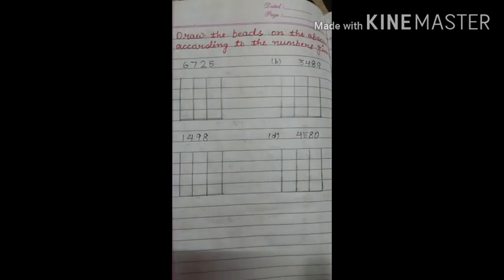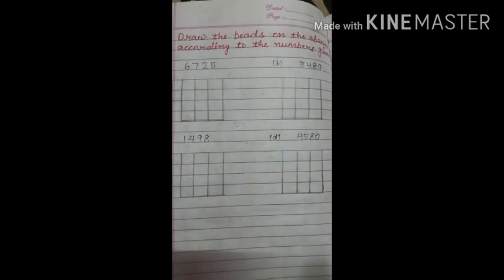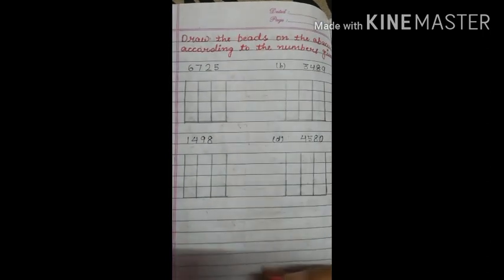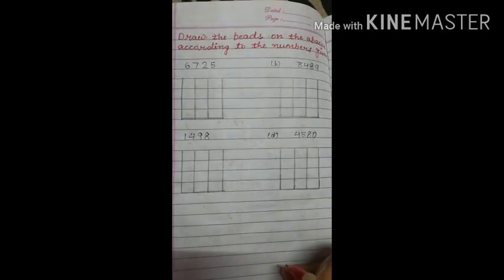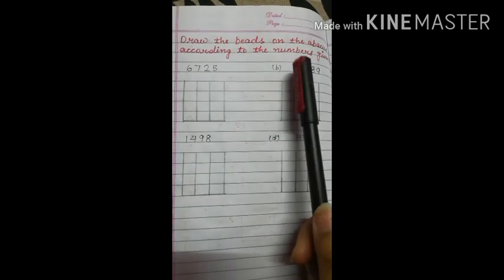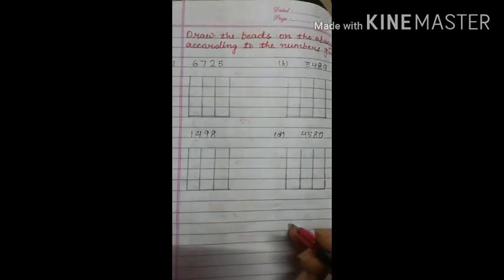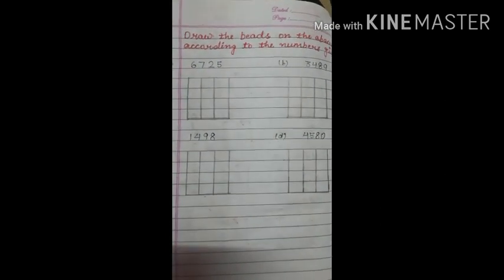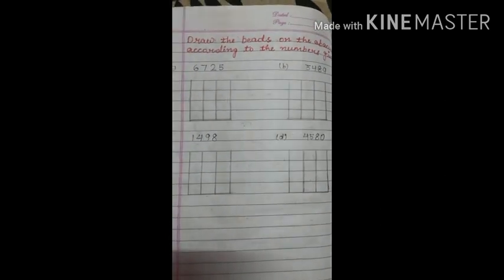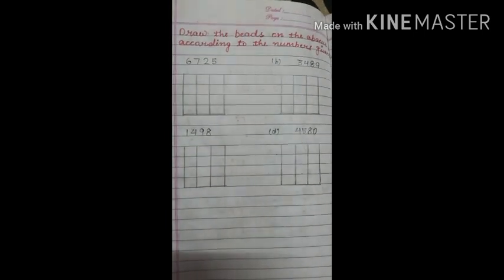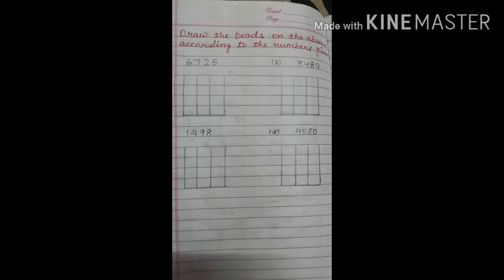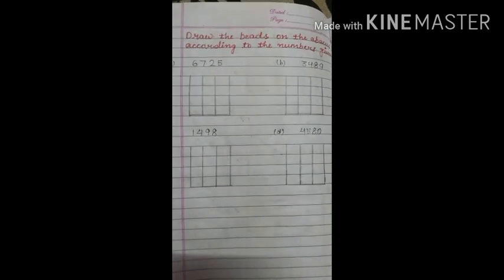So, kids, today we are going to represent the numbers on the abacus. We have to draw the beads on the abacus according to the numbers given. As we have learnt about the places, the four places that we have learnt while addition and subtraction, those are ones, tens, hundreds, and thousands.